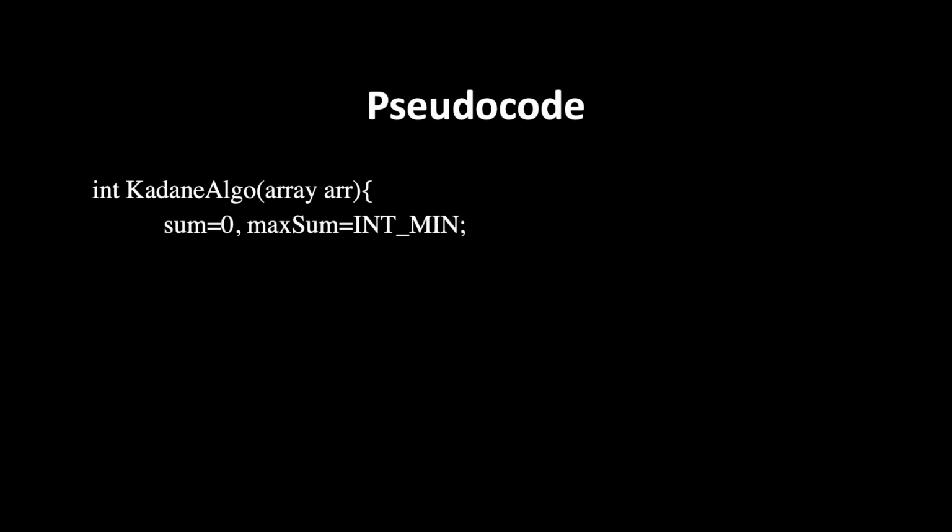Let's see the pseudocode from the approach we discussed in the animation, and we will try to write some code to get you a better understanding. We have this KadaneAlgo, which returns the maximum subarray sum, and we accept an array ARR. As we discussed, we have a sum which is 0 in starting and maximum sum which is initialized with int minimum.